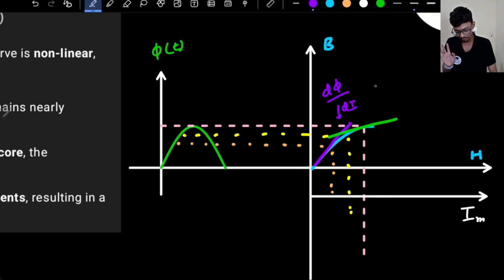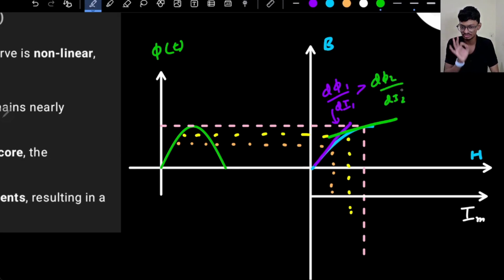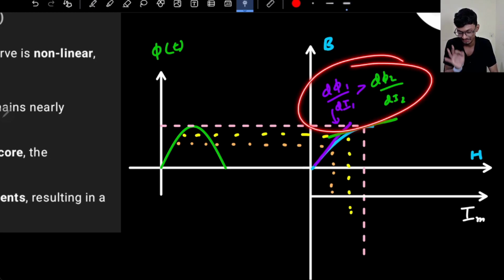So what I can comment is d phi by di is the slope. Here the slope is higher, so in case 1 it is more than in this case, that is d phi 2 by di 2. What does this actually represent?